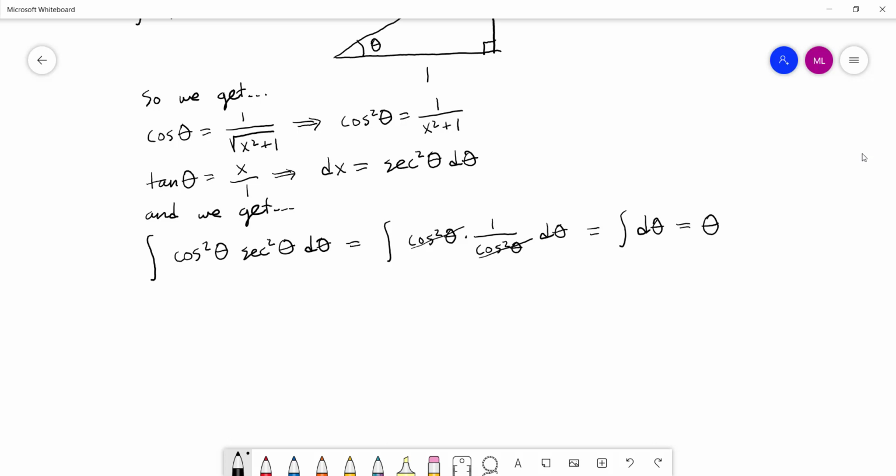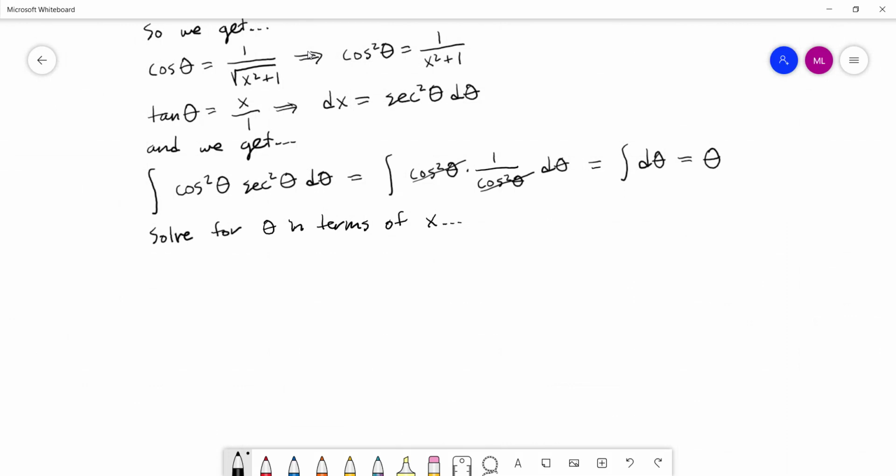Great. Here's my answer, again, plus c, which I will leave off until we put the full answer together, but I'm not in terms of the correct variable. So how do I get this in terms of the correct variable? Well, we can do that right here. We want to get theta in terms of x, back in the original form.